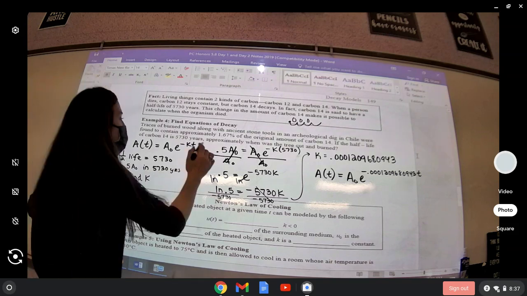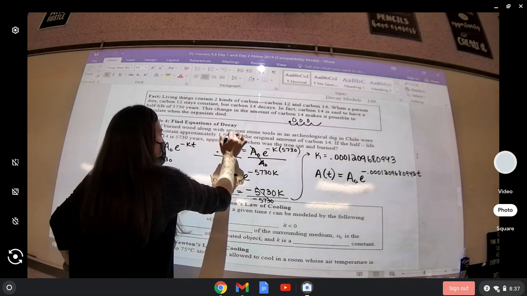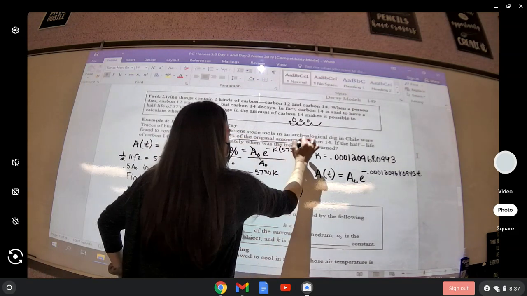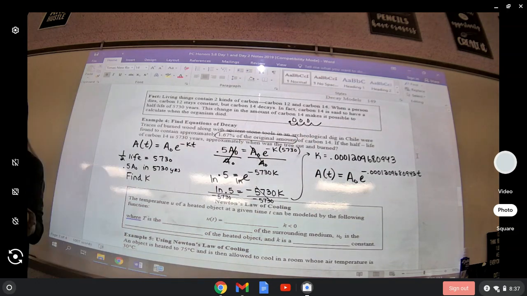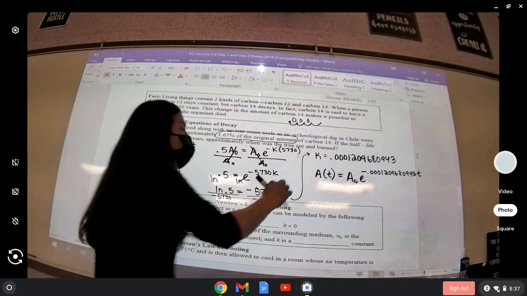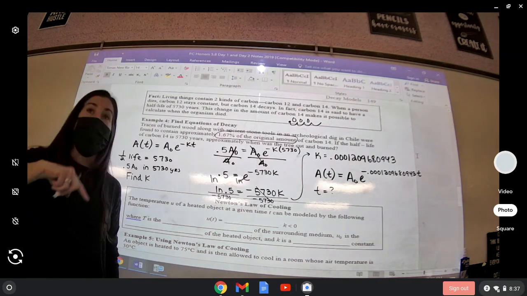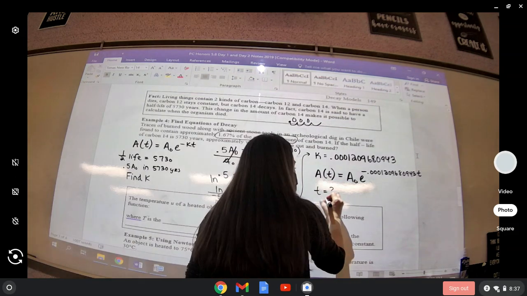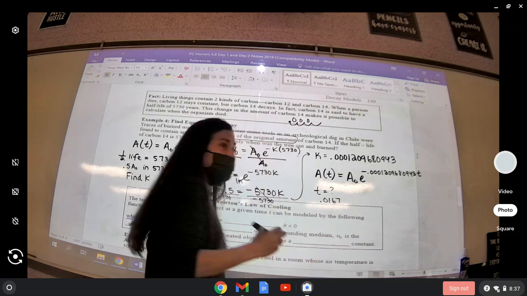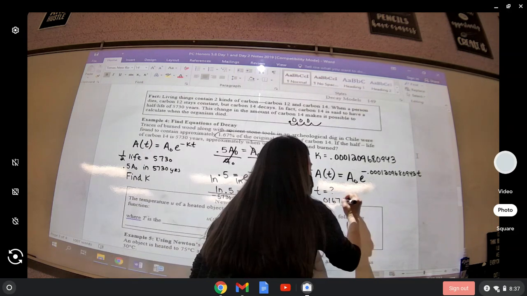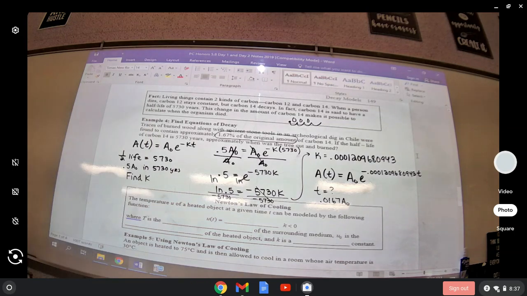So now they've asked you to find the age of an item that has 1.67% of the original amount of carbon left. So now I need to find out the time, the age, if you will, of an item that has 0.0167 of A sub 0 left of the original amount.